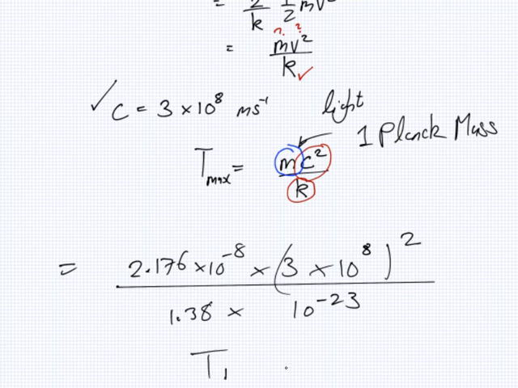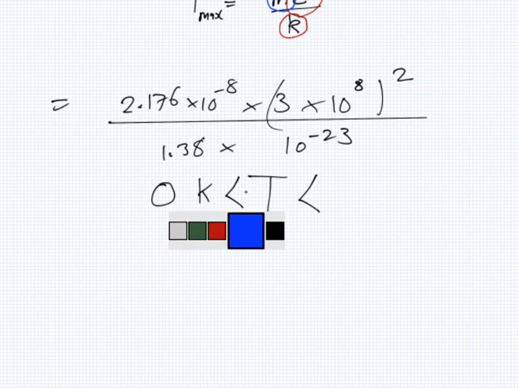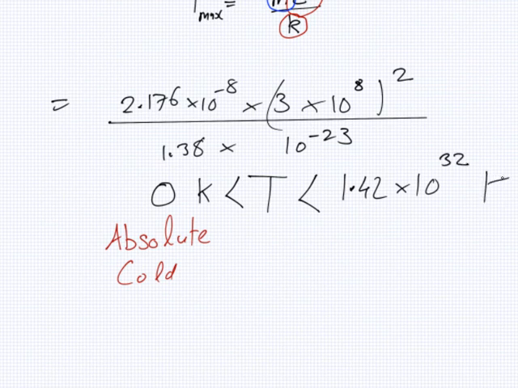So temperature now must be more than 0 Kelvin and less than 1.42 times 10 to the power 32 Kelvin.